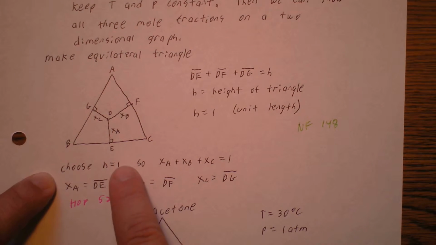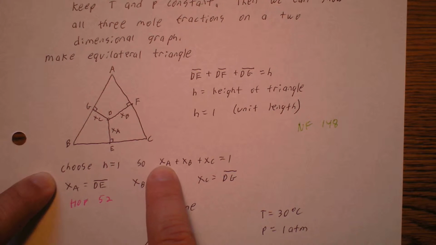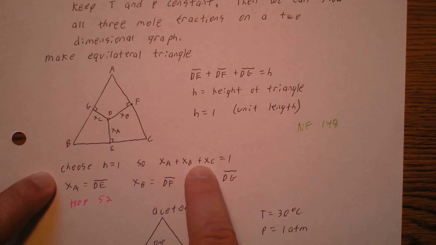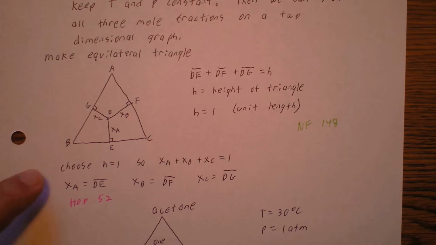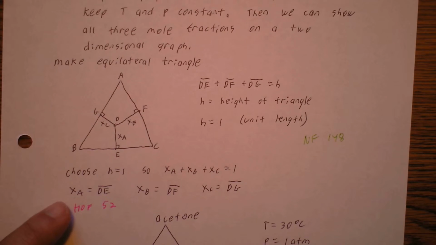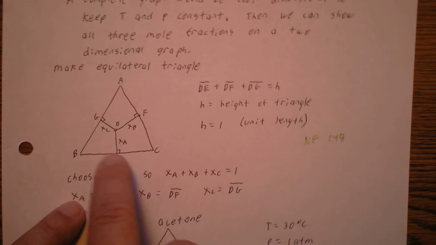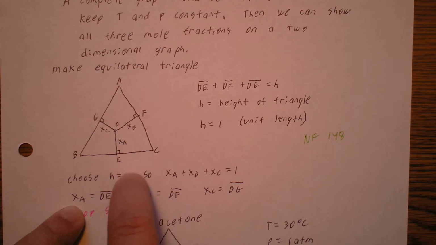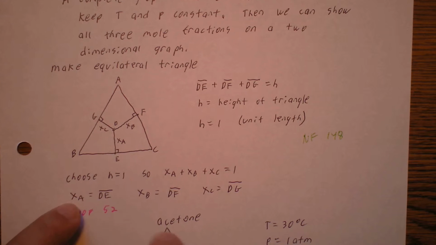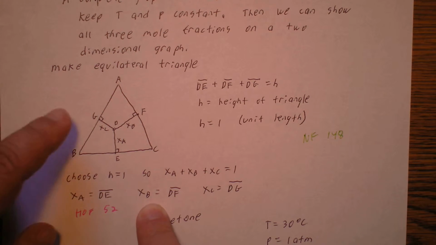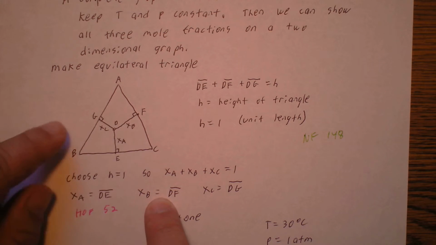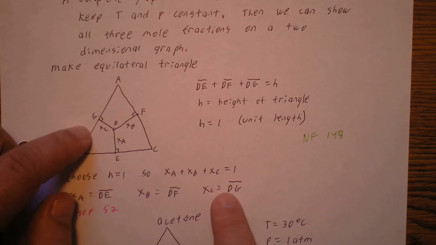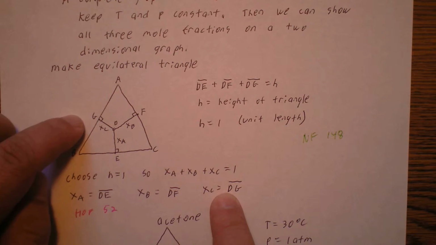So if you set H equal to 1, then of course your mole fraction A plus mole fraction B plus mole fraction C is going to add up to 1, like it has to, because you have 3 components. So the mole fraction of A is going to be the length of this segment DE. The mole fraction of B is going to be equal to the length of this segment DF. And the mole fraction of C is going to be equal to the length of this segment DG.